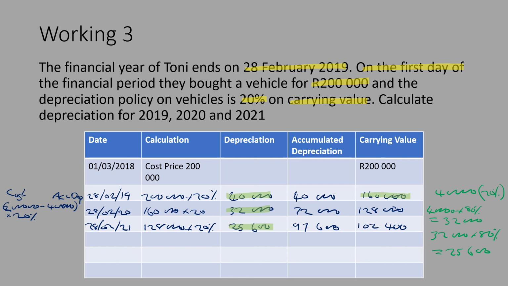Only apply this when it's applicable to that particular scenario. Don't just apply it because I said so. It only works when you're using the diminishing balance method. That means the previous amount was basically full year depreciation. Then you can calculate 80% of the previous amount and you get your current amount.